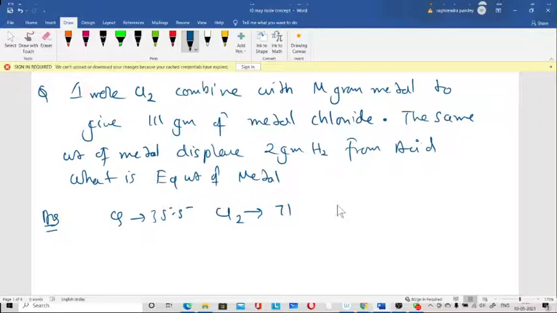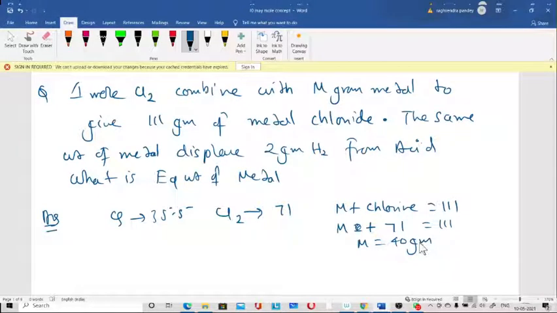Metal plus chlorine is 111, chlorine is 71, so metal is 40.